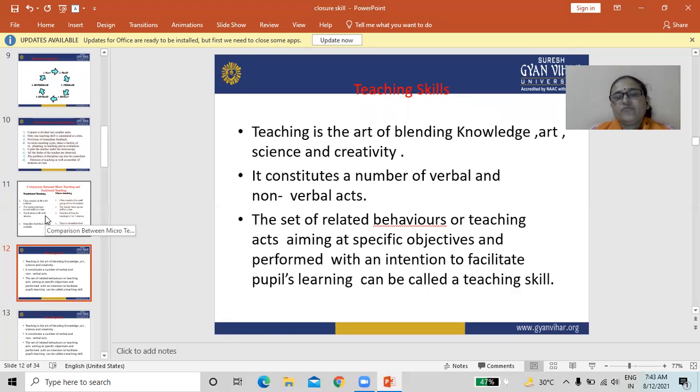The set of related behaviors or teaching acts aiming at specific objectives and performed with an intention to facilitate pupils' learning can be called teaching skills.